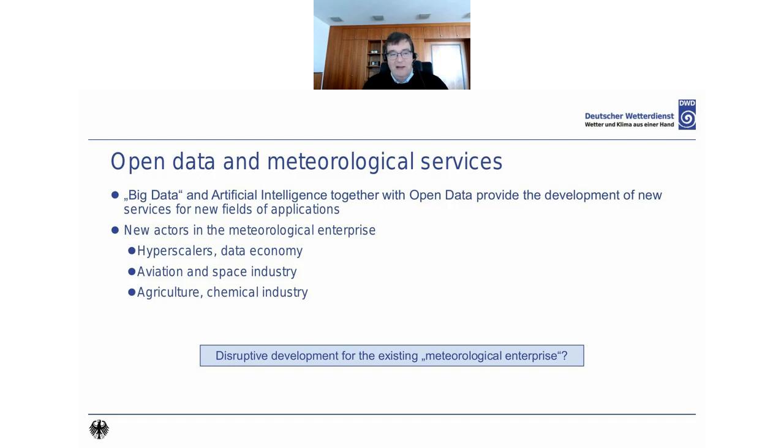So we have new actors also in the meteorological enterprise, commercial and non-commercial. The so-called hyperscalers, the data economy, or examples we are faced with: aviation and space industry, agriculture, chemical industry, and much more. So it might be a disruptive development for the existing meteorological enterprise. So our world may change in the future quite fast.